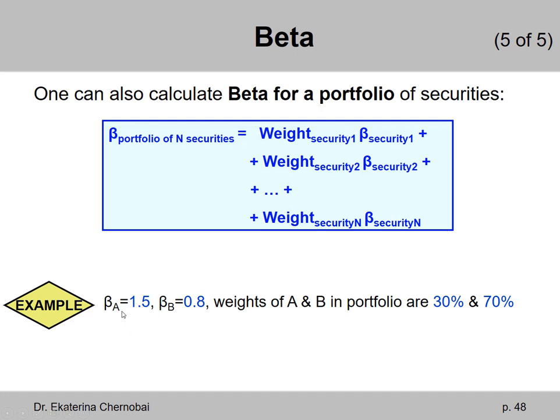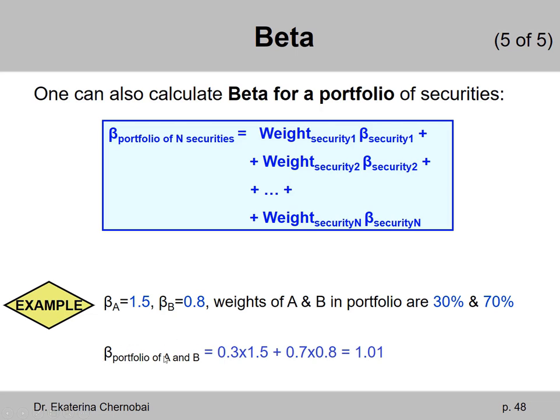For example, the beta of stock A is 1.5, the beta of stock B is 0.8. And let's say you invest 30% of your money into stock A shares and 70% of your money into stock B shares. What's the overall beta of this portfolio?